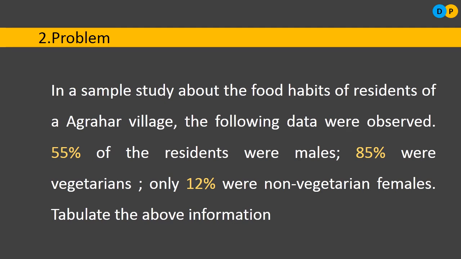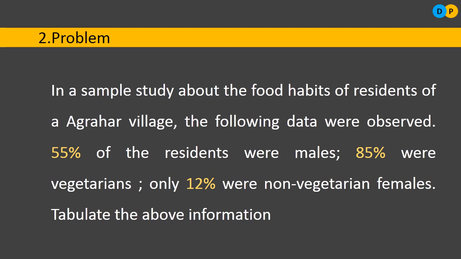55% of the residents were males. I have highlighted all these values. Let us say the sample strength is 100%, the complete sample size. Out of those 100% residents, 55% are males.